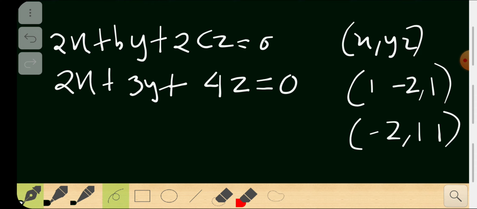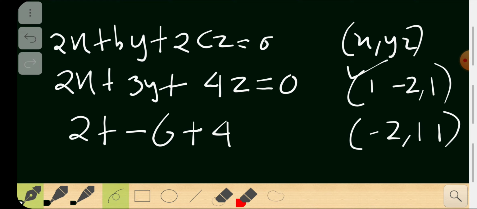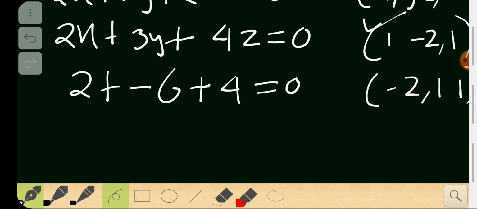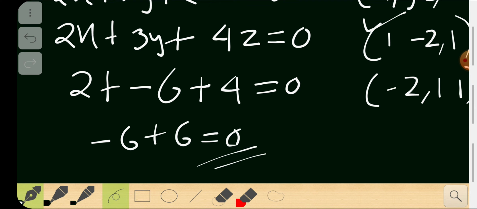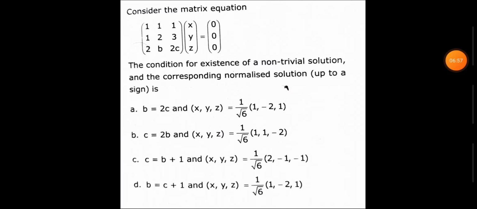When you substitute x, y, z as 1, minus 2, and 1, you get 2 plus 3 times minus 2, that is minus 6, plus 4 times 1, that is 4. So you get minus 6 plus 6, and this is equal to 0. So this satisfies. You can clearly see that option D is the right answer. So you got the answer straightforward. This was a very simple question.